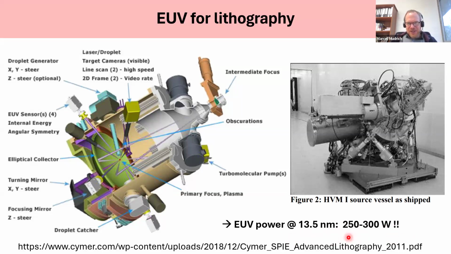That is quite impressive, that these high average powers can be achieved from irradiating these little tin particles in the vacuum. But this is needed to have sufficient throughput for actually using this technology on an industrial scale for photolithography.